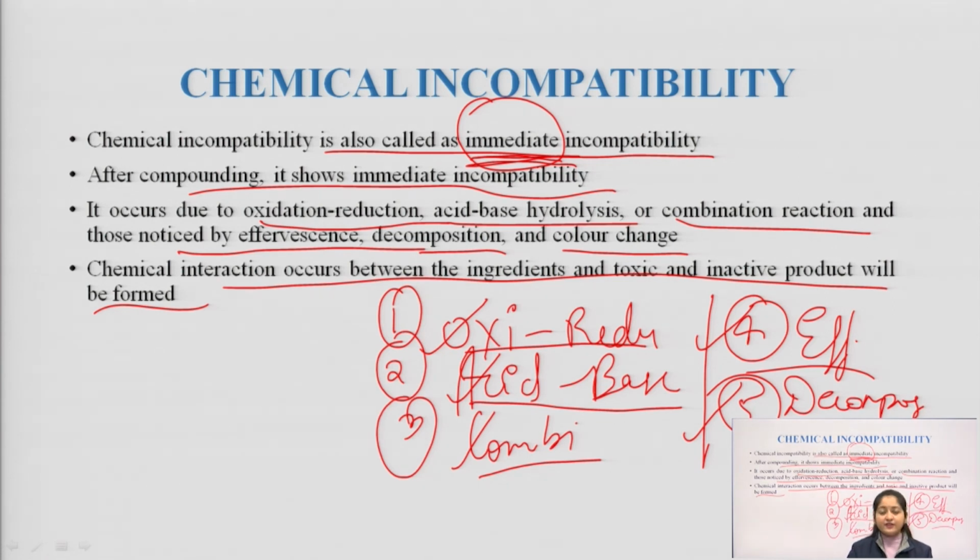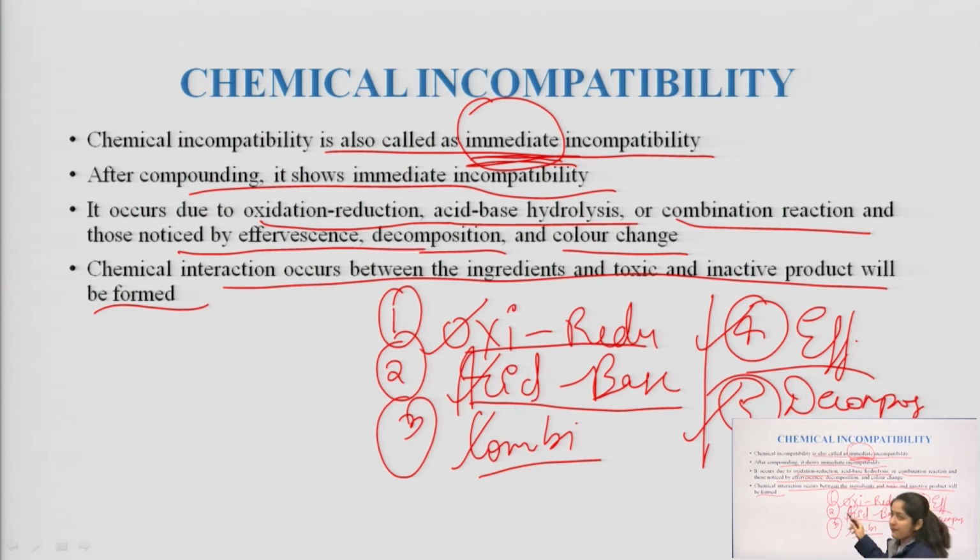Sometimes, in addition to inactive products, there is generation of toxic products as well. So, we have to be very careful whenever we are mixing any ingredients. Proper prior study has to be done whenever we are mixing two different types of ingredients, and if we are not sure about their compatibility, it is important to have a good literature review prior to making the dosage forms.